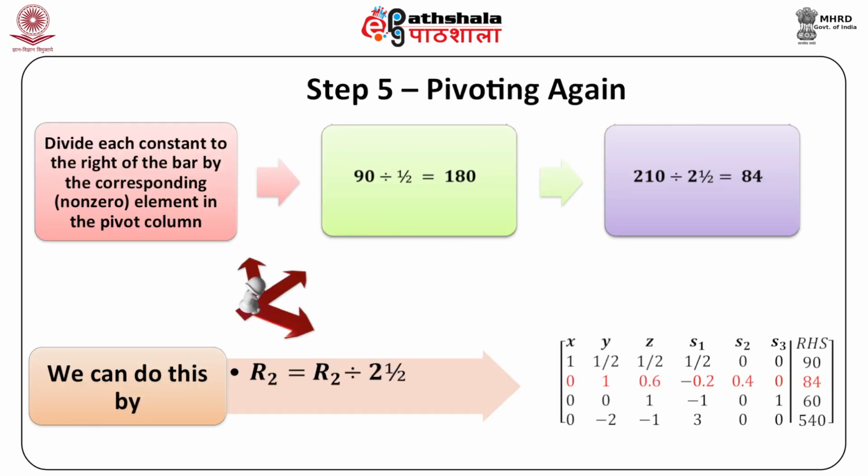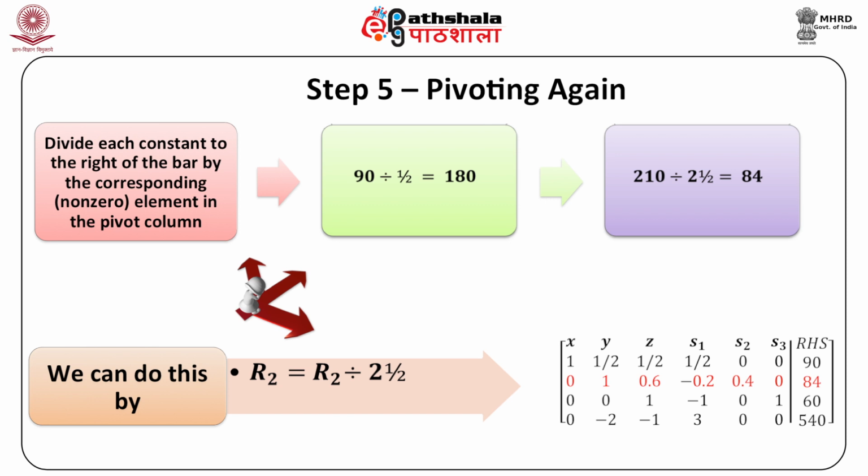Pivoting again. Determine a new pivot element. Select the column with the most negative indicator. It is column 2 in this table. Divide each constant to the right of the bar by the corresponding non-zero element in the pivot column. For example, 90 divided by half is equal to 180 and 210 divided by 2.5 is equal to 84.